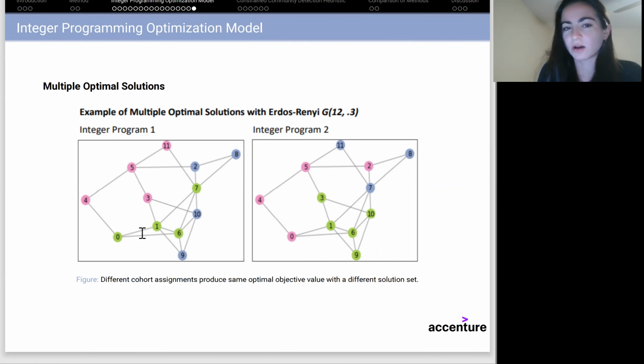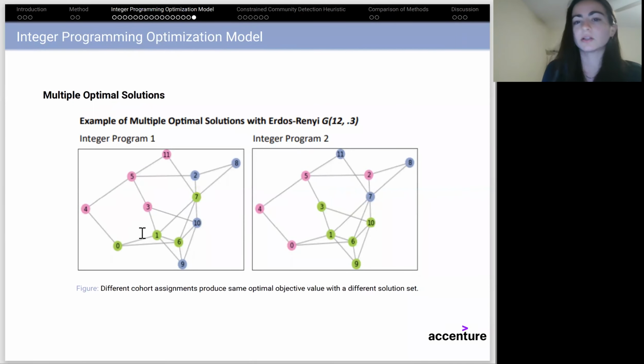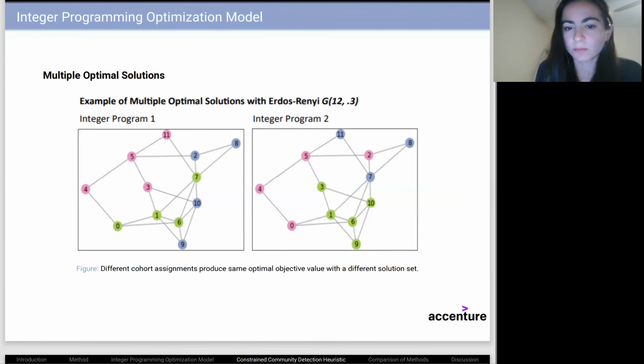So depending on the context or the case, it could be nice for an organization to have a few different solutions for pairings, but just to note that that's normal and feasible. And here's a little example.